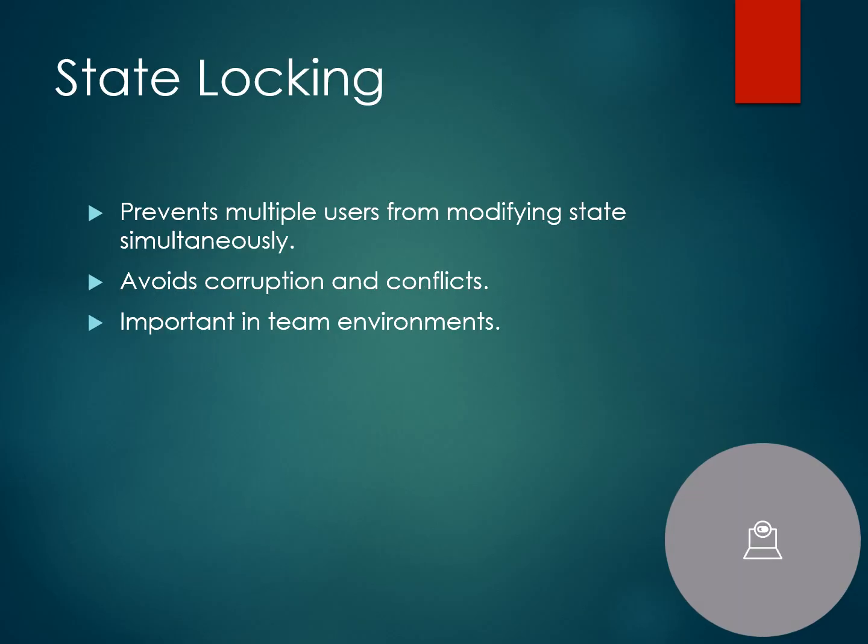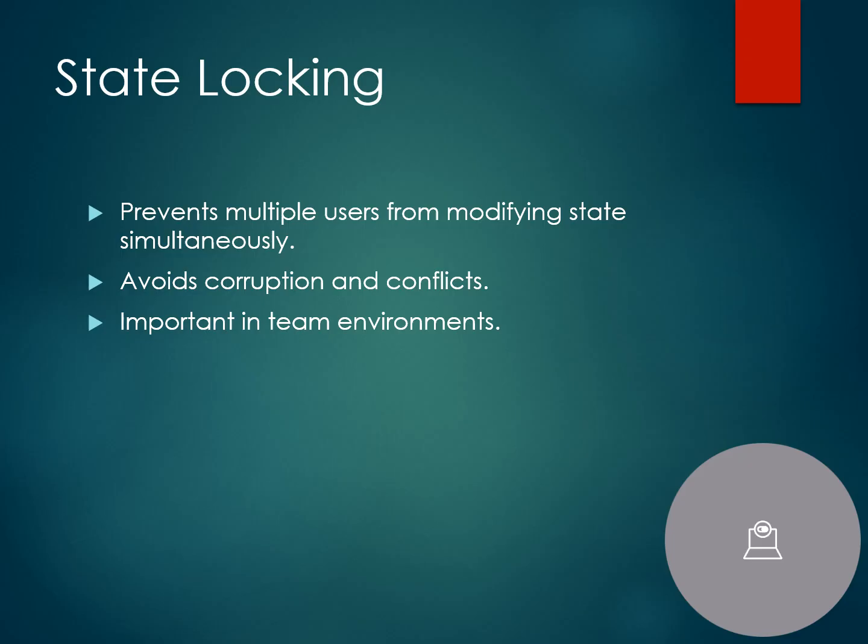Since we have come across state locking, we'll understand what exactly state locking is. Just imagine we have two engineers running terraform apply at the same time. Both will have different changes. This can definitely corrupt the state file. State locking prevents multiple users from modifying the state simultaneously.